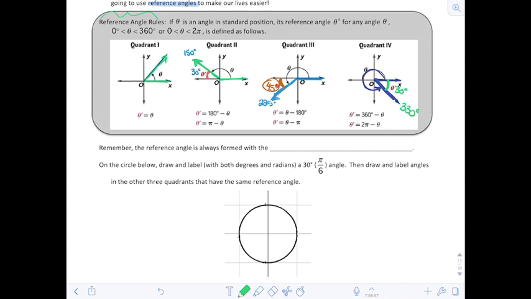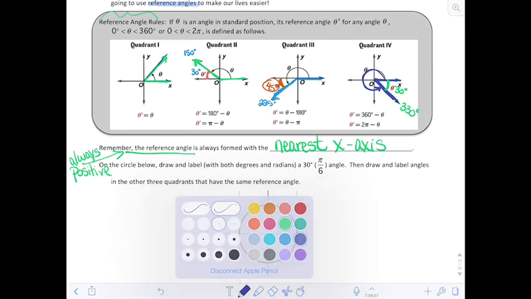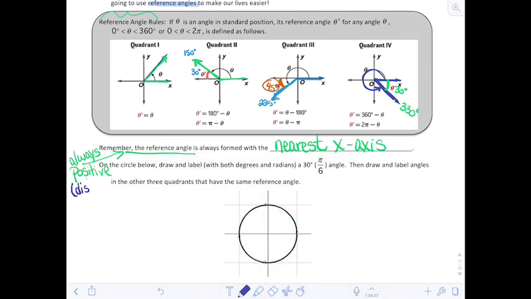Remember the reference angle is always formed with the nearest x-axis, and reference angles are always positive. And the reason is they are a distance from the x-axis.